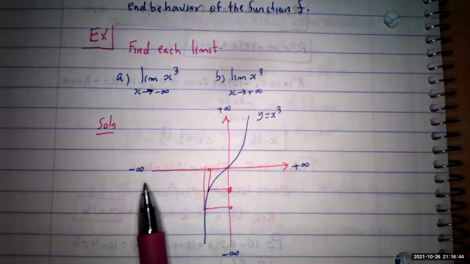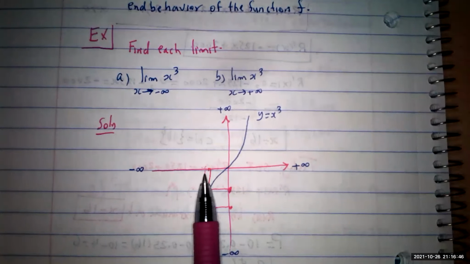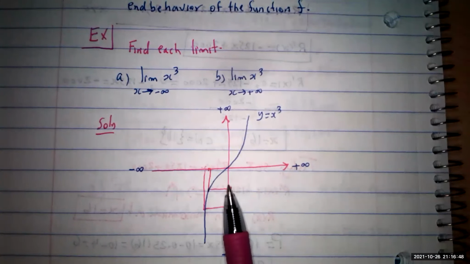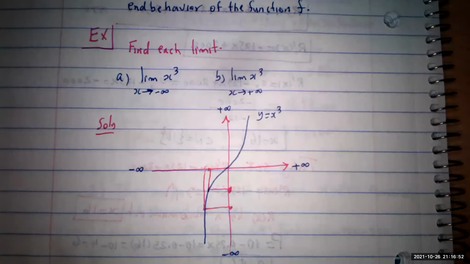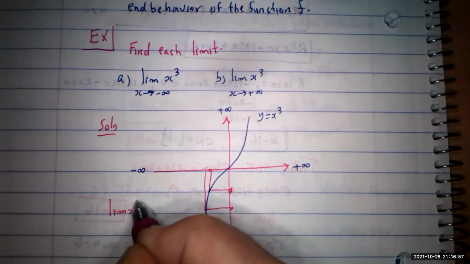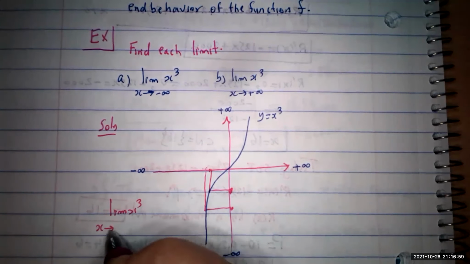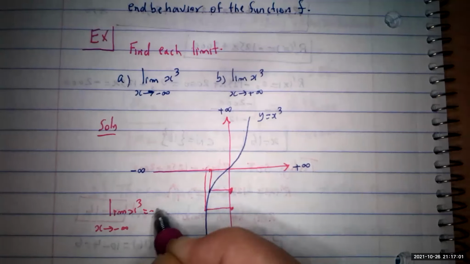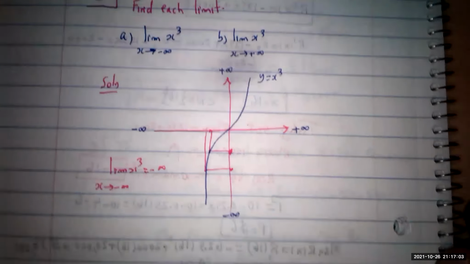So as you take x to negative infinity, the value of the function would be down, down, down, down, down. So the behavior of the function would be: the limit of x cubed when x goes to negative infinity would be negative infinity.